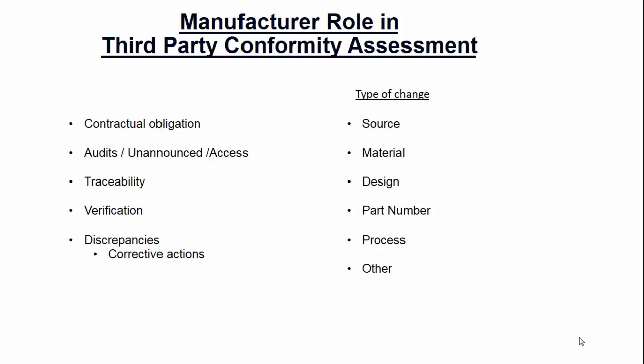So when you look at the manufacturer, they'd say, well, what do we have to do to make sure that we are in continuing compliance? And that is essentially any change that you make. So if you make a source change for a material from a material supplier, or if you're making any design change, you still have to verify that whatever that change was did not impact the performance of the product. If they wanted to change part numbering schemes, we have to be able to do a review.